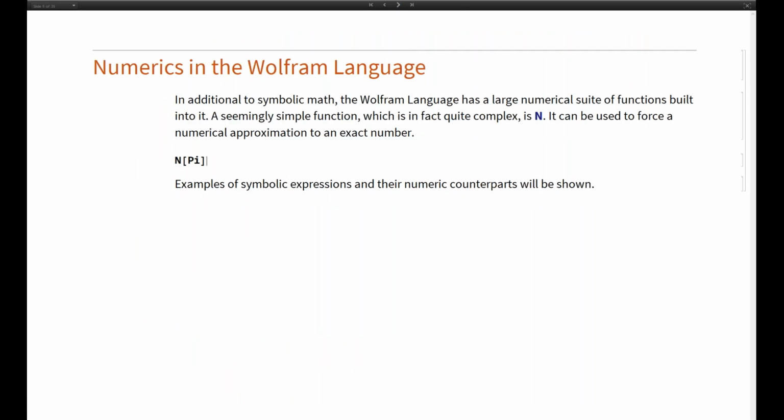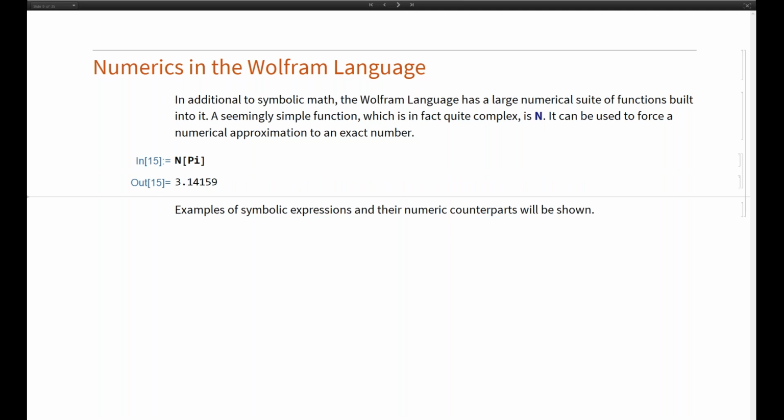I mentioned, for example, pi is a very good example of this. The symbol pi itself is actually held entirely symbolically, and we have a method of calculating it to however many decimal places you choose. However, you'll find that when you force it to be a particular number, to start with it does only stick to 16 decimals, as I mentioned. If you want to specify that you want it to however many decimal places you wish, then you can.